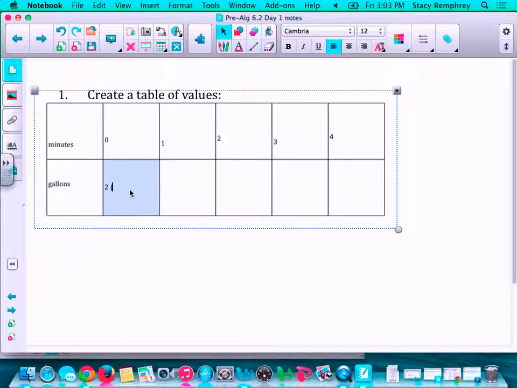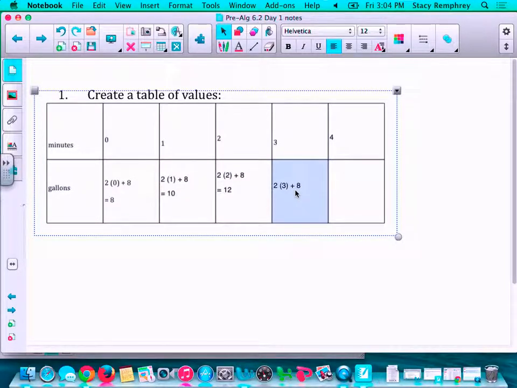So 2 times 0 minutes plus 8 equals 8. 2 times 1 minute plus 8 equals 10. That linear equation, that y equals mx plus b type thing we just did, is helping us to make this easier. So you'll see the part I'm changing is the x. I keep plugging that in.